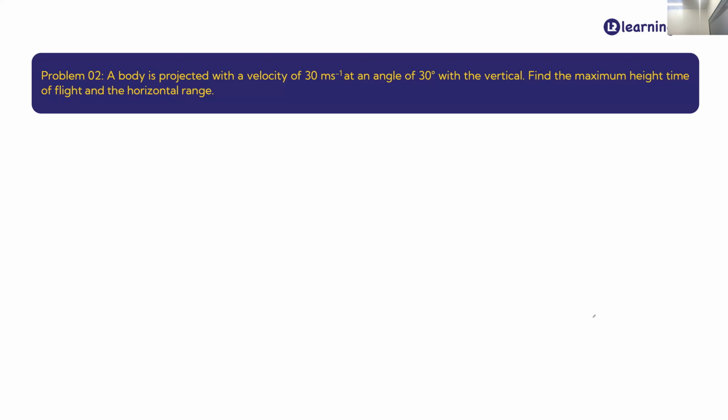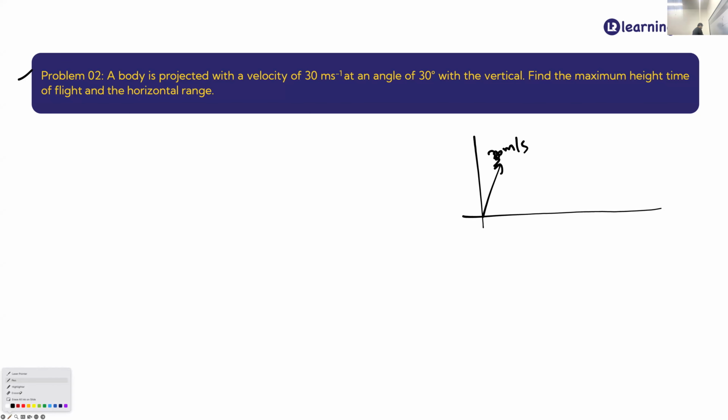Okay. So what is the answer? Let's see. The problem says an object is projected with a velocity of 30 meter per second at an angle 30 degrees with the vertical.